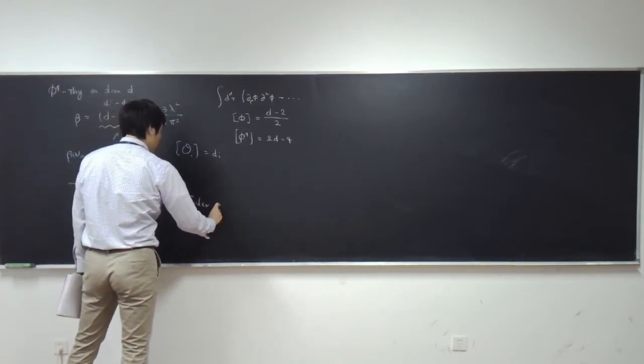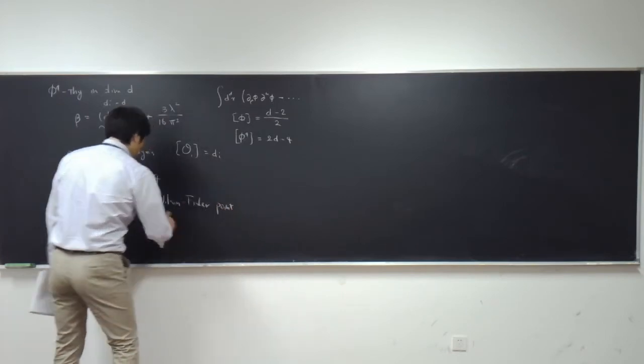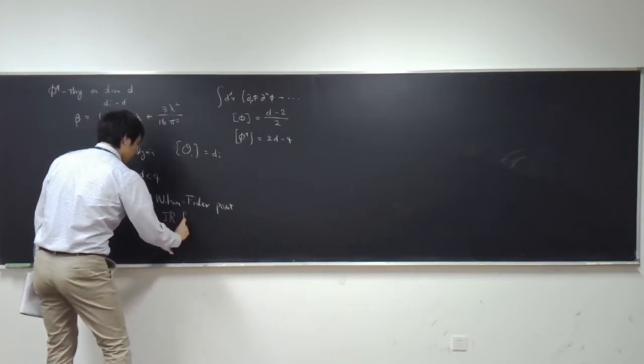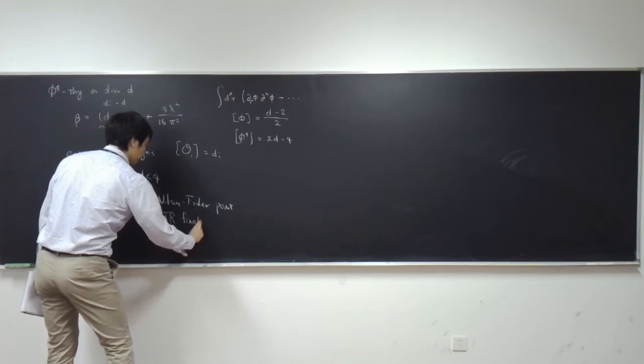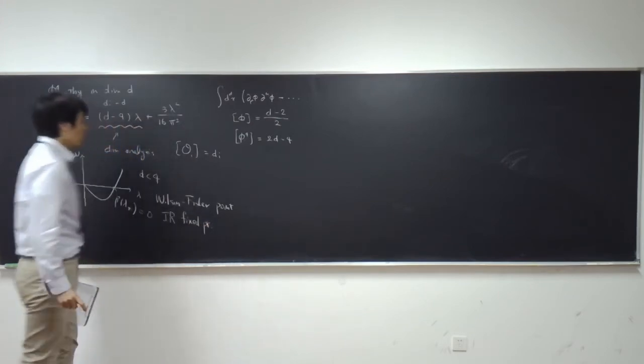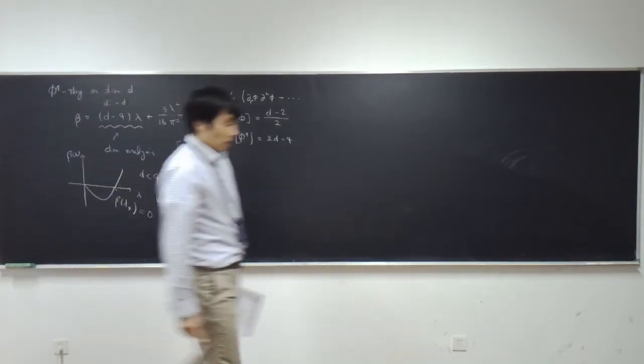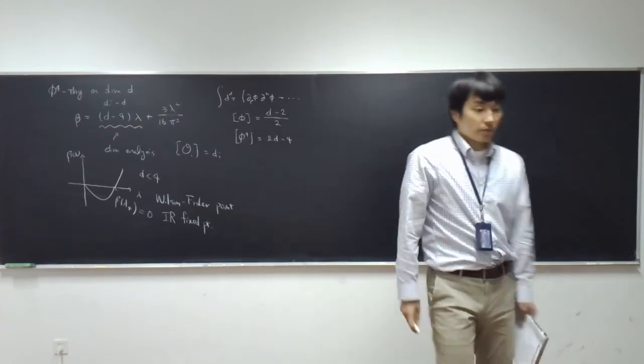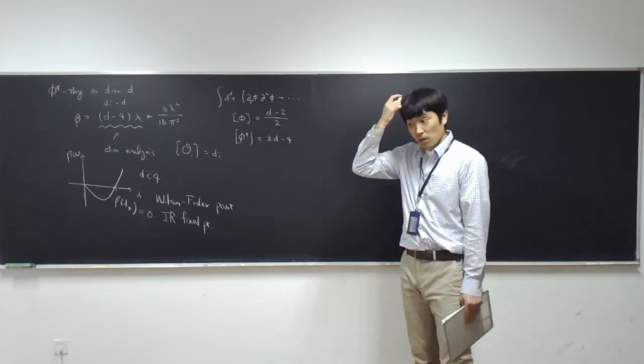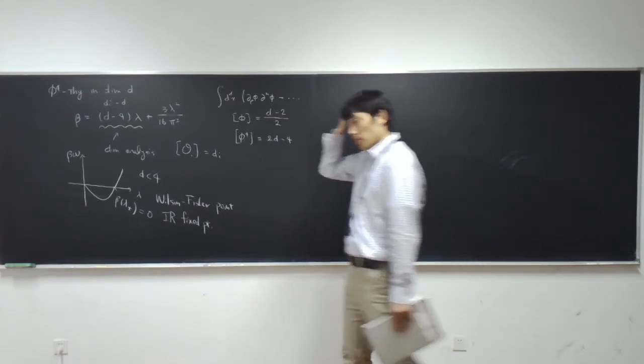People often call it the IR fixed point. That's how we obtain the Wilson-Fisher point from dimensional analysis.